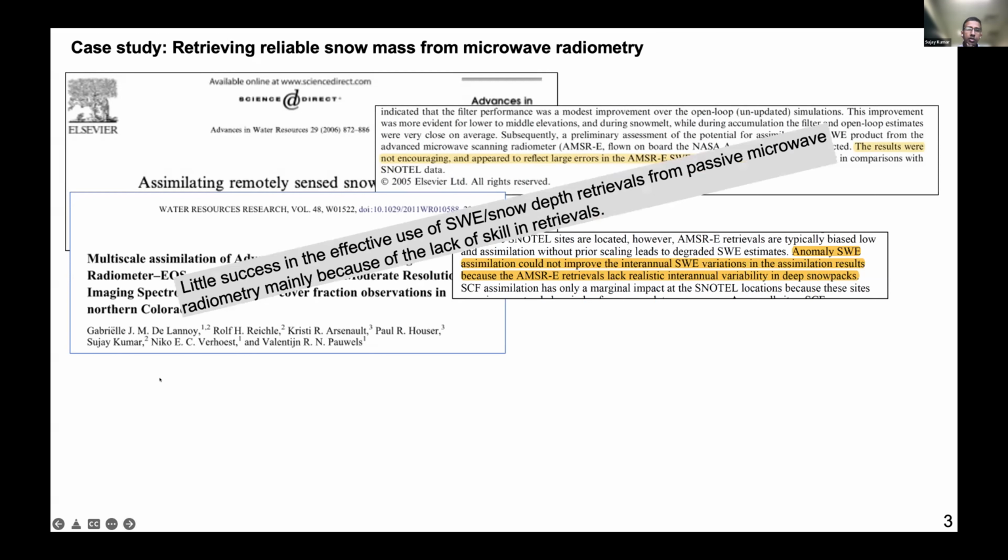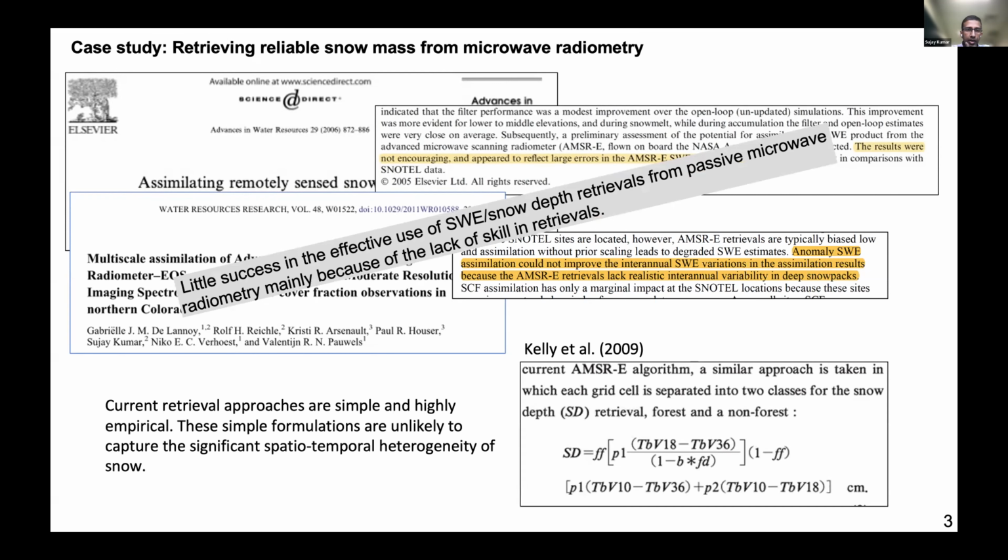So why is that? There's little success, I would argue, in using microwave-based sensors, mainly because of the lack of skill in these retrievals. If you look at the retrieval approach, this is the Kelly et al. algorithm that's used for producing retrievals of AMSR-E and AMSR2. You can see that it's fairly simple.